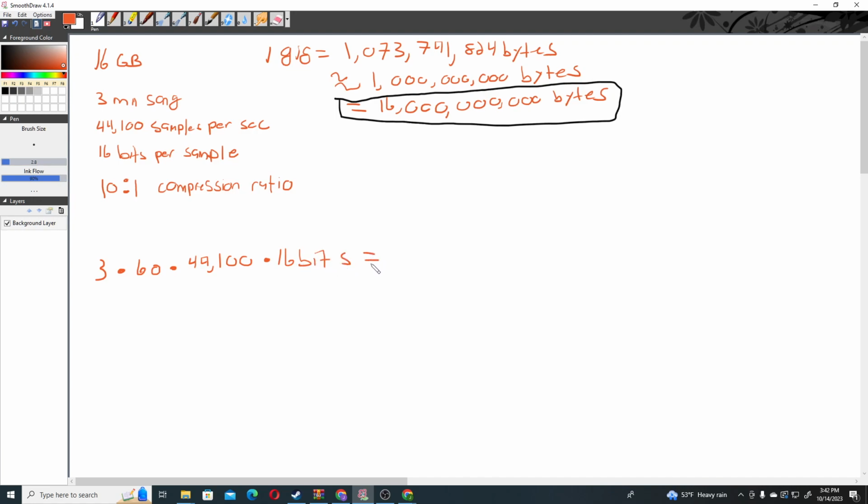So we have to multiply 3 minutes times 60 because there's 60 seconds per minute, times 44,100 because every second has 44,100 samples. It's quite a bit.